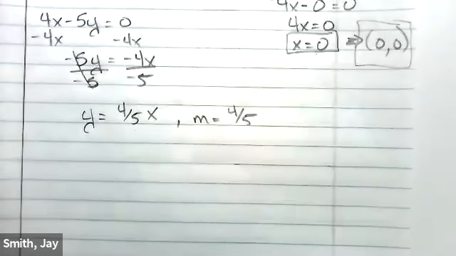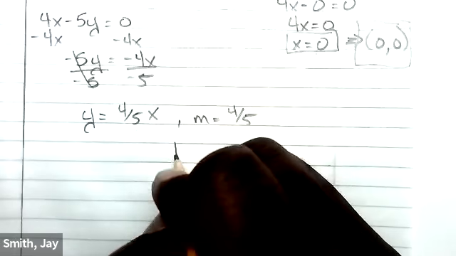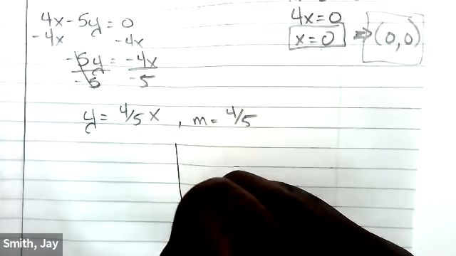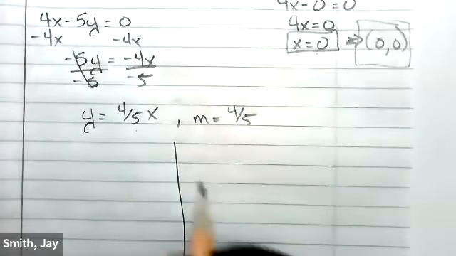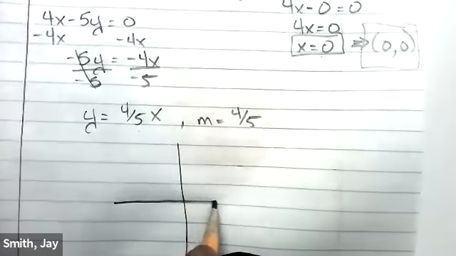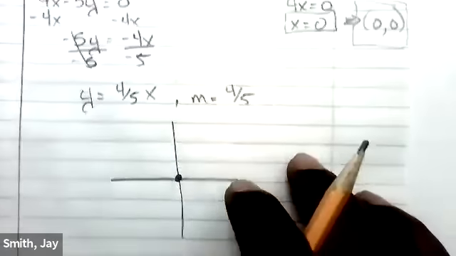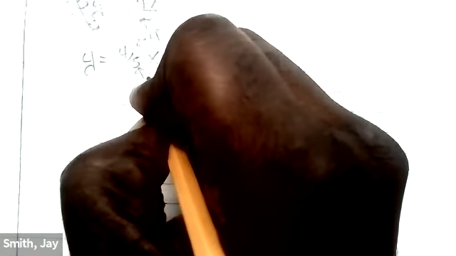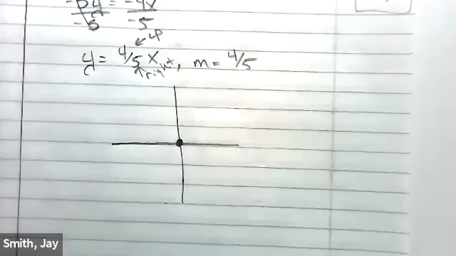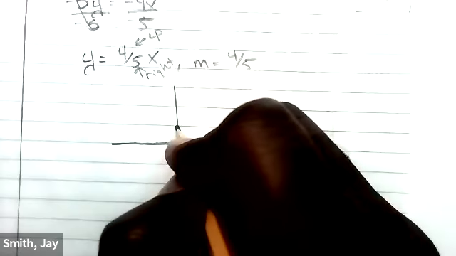We know it goes to the ordered pair 0, 0, the origin. So we can get a good sketch of this graph. So we already know that it goes to the origin. From that point, we can go up 4 and to the right 5. Then go up 1.